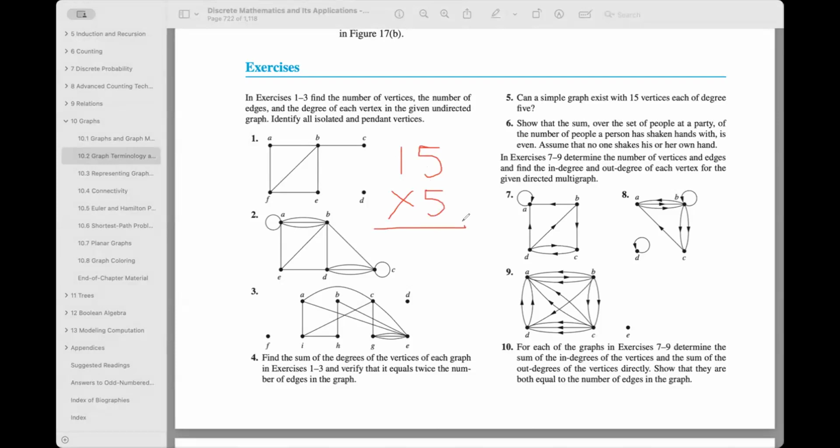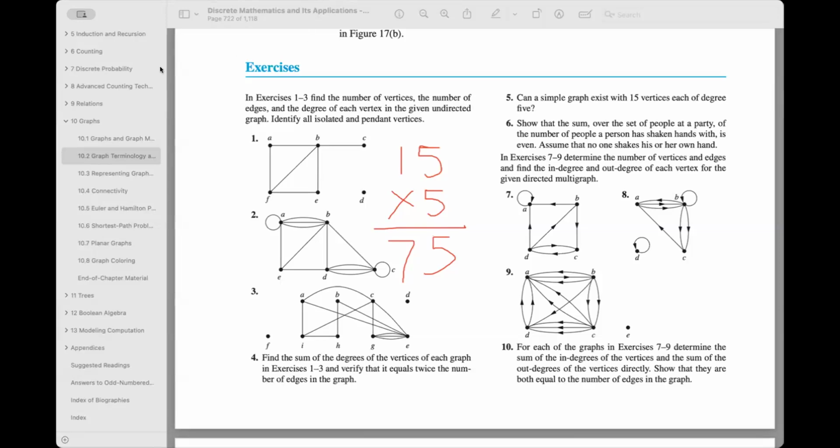So when you add them all together, you're multiplying 15 by 5, which is 75. But then the sum is odd, and the handshake theorem says you're not allowed to have that. So typically questions related to the handshake theorem mostly ask something like this, where usually you can show that it's not possible because it has to be even.